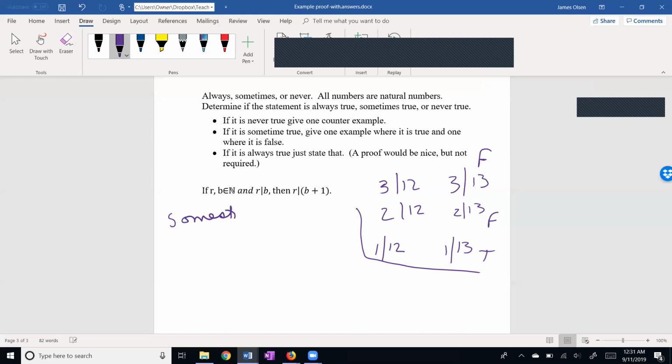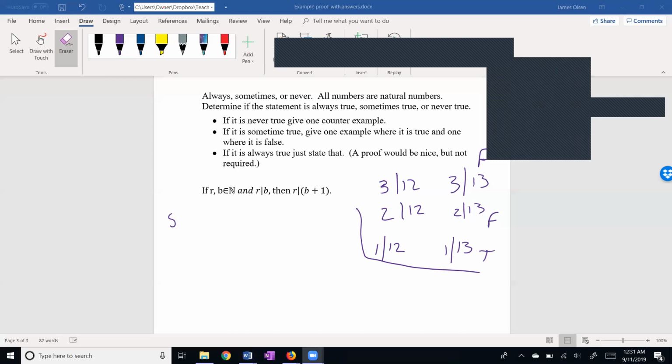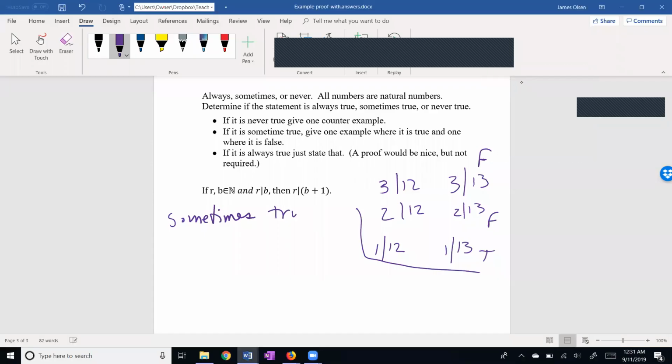Sometimes true. 1 divides 12 implies 1 divides 13 is true. 2 divides 12 implies that 2 divides 13 is false.